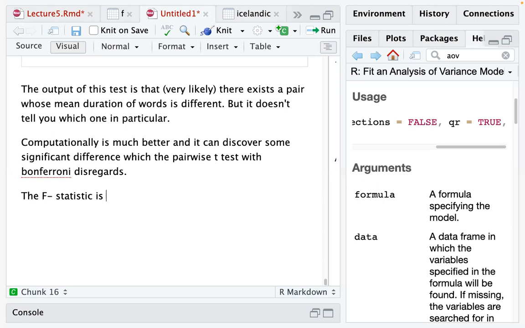The statistic is the ratio between the in-group variance and the variance between groups.